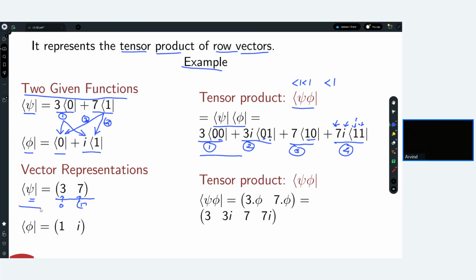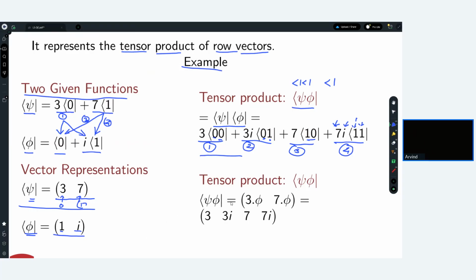Similarly, the row vector representation of bra phi is a row vector having two terms, 1 and i. 1 is the coefficient of bra 0 and i is the coefficient of bra 1.